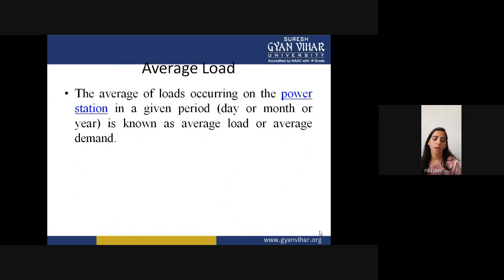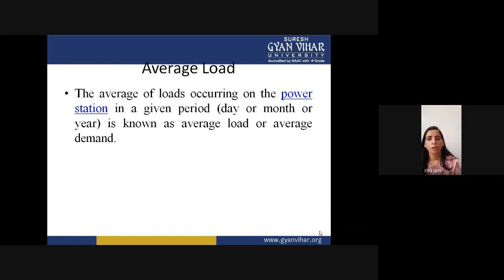Suppose for particular hours you are consuming 200 megawatt, for the next particular hours you are consuming 100 megawatt, then the average load will be your total load divided by the time. If you want to calculate in a day, then you have to divide this load by 24.